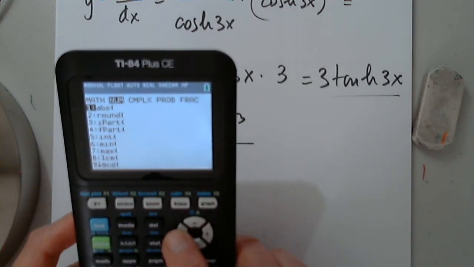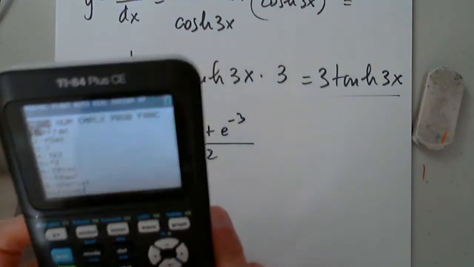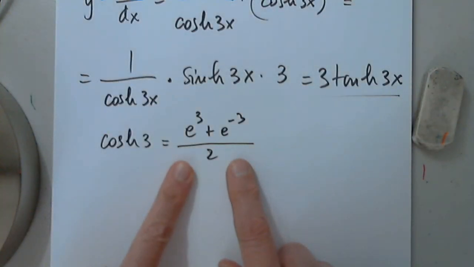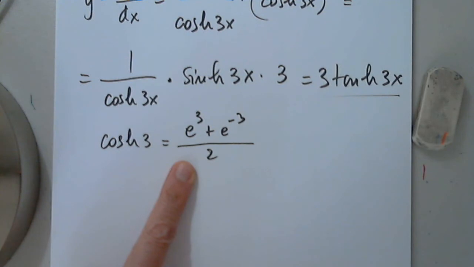I cannot see hyperbolic functions here in the graphing calculator. So if you found an extension or you downloaded something, just let me know. But I don't know in the calculator where you can just punch in and determine. But this I can. So this I can put in the graphing calculator.